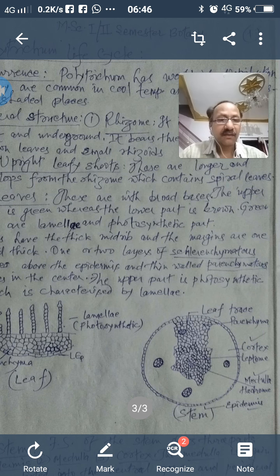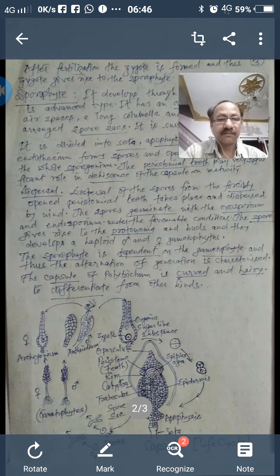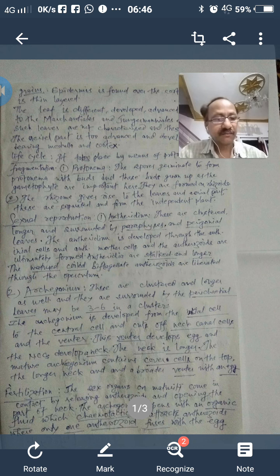Now, the life cycle. Reproduction takes place by means of protonema and fragmentation, by means of vegetative reproduction.